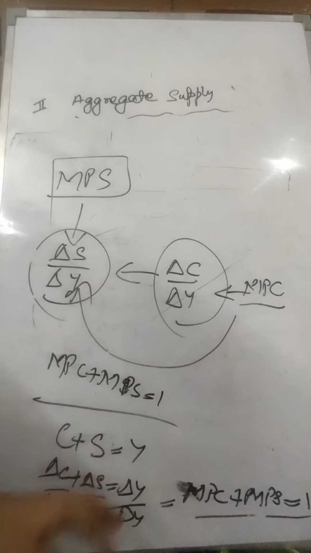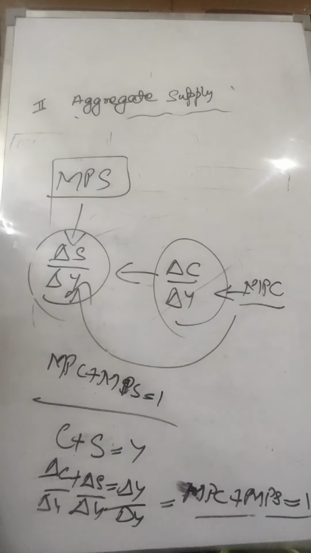Okay, so this is all in our first and second part of aggregate supply and demand. Now we will be deriving the savings curve. How will we calculate our savings curve?